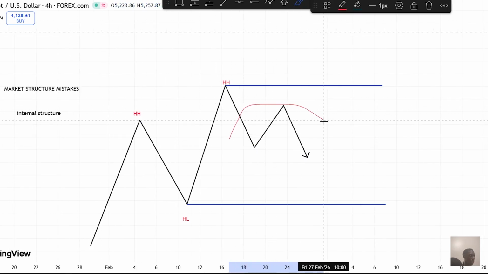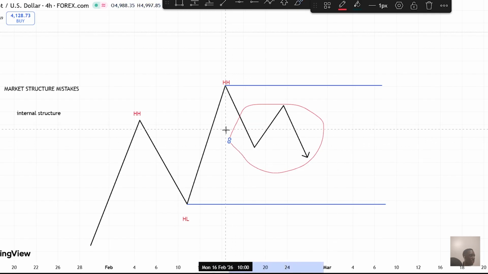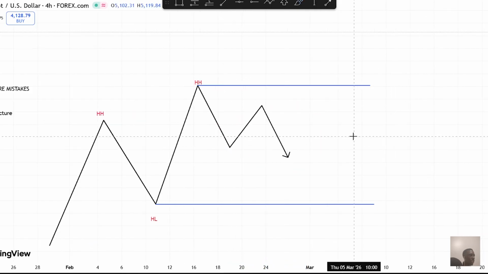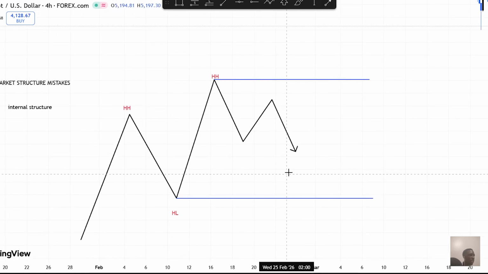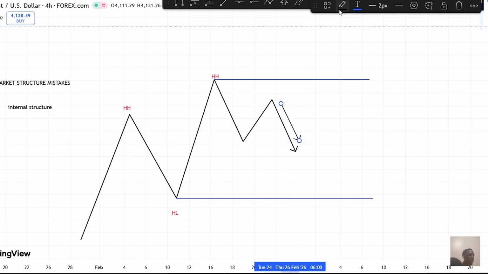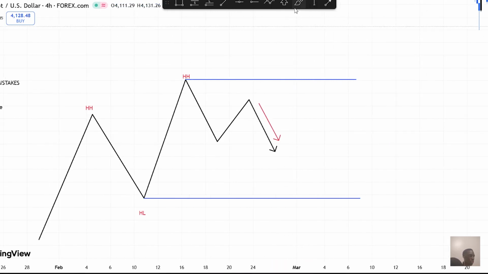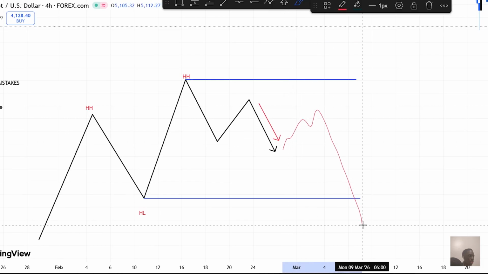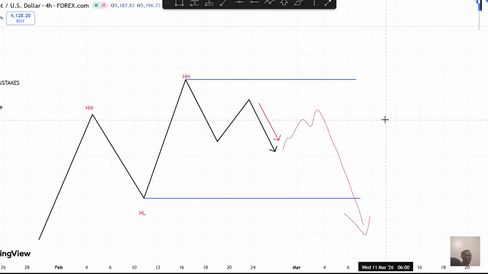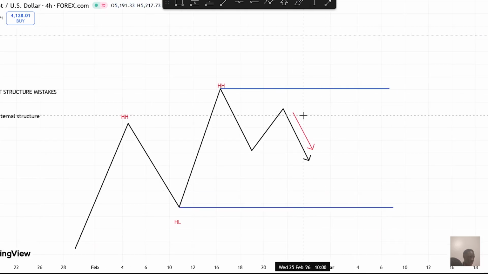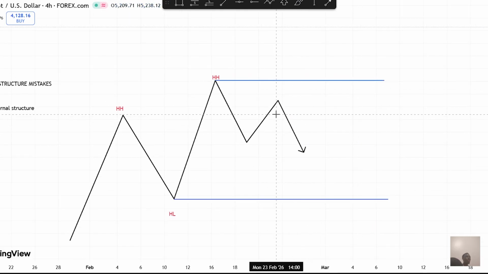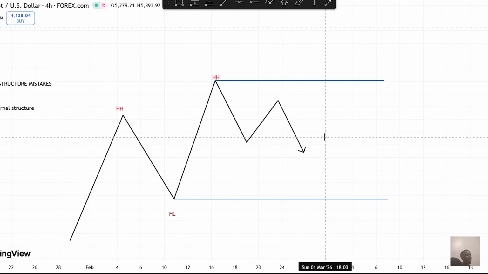So when they see something like this, they tend to think that price has broken to the downside from here, and so they tend to want to sell price to the downside, but which is not the case here. It's very key to understand that price sometimes might give us very small movements that might look like structure, but it's literally internal structure. So it's also very important to look out for that.